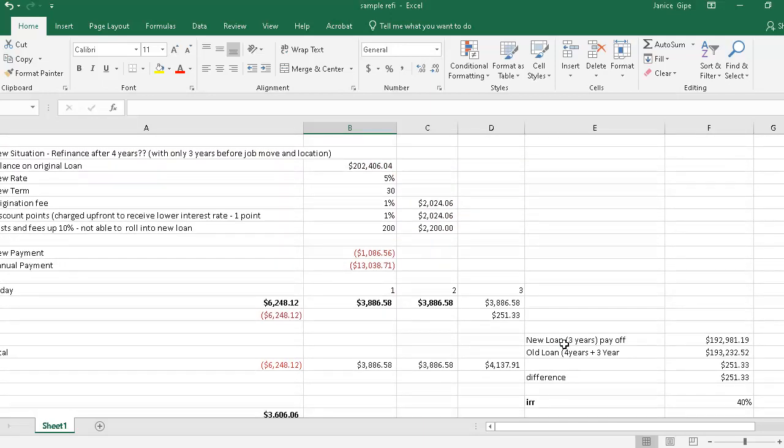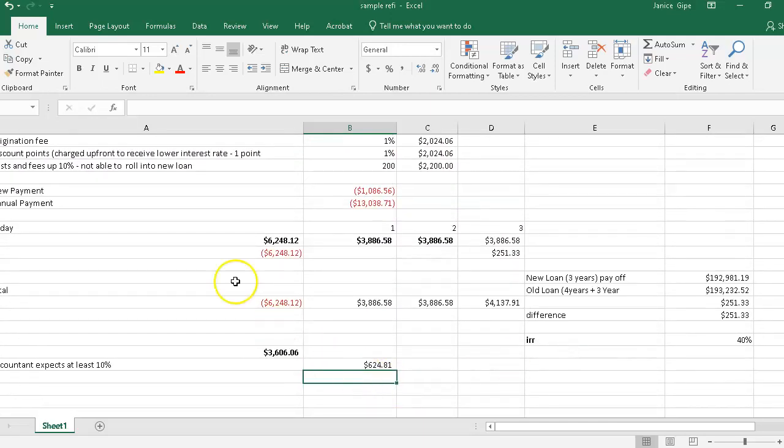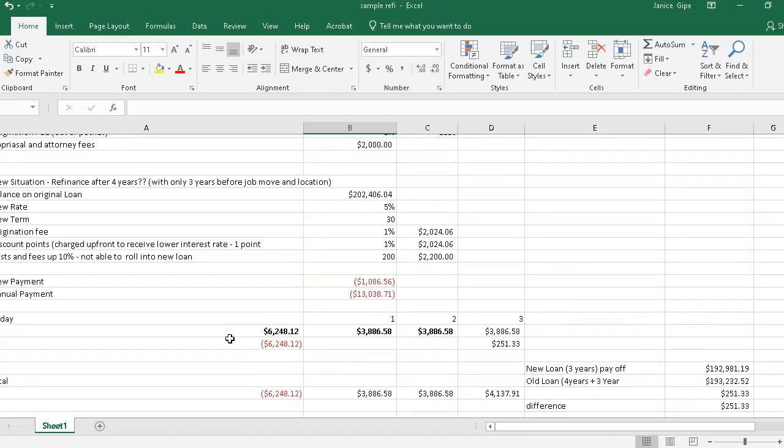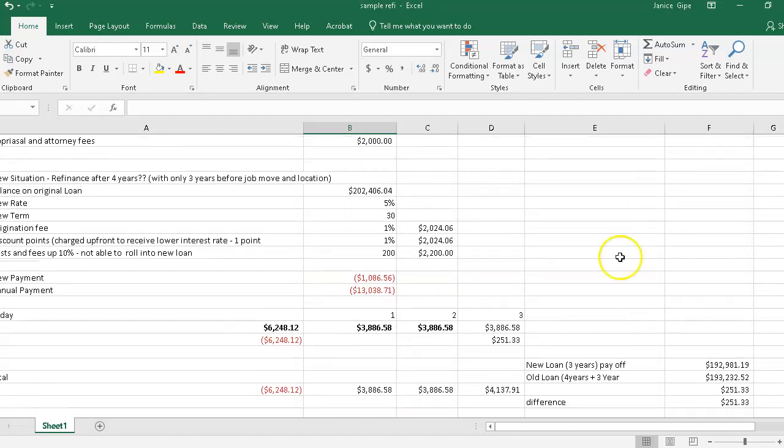And they're definitely worth the $6,248 that you're going to put into it currently, if you decide to take this risk and refinance, which is not much of a risk. It's a very low risk.